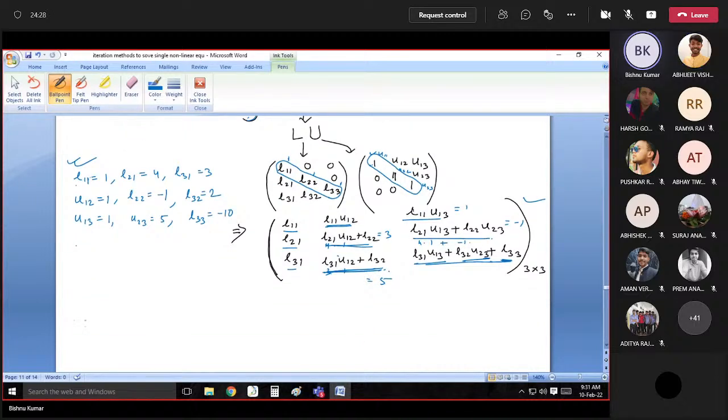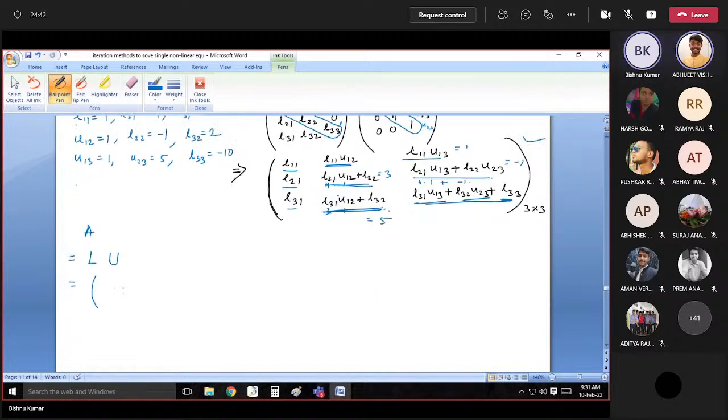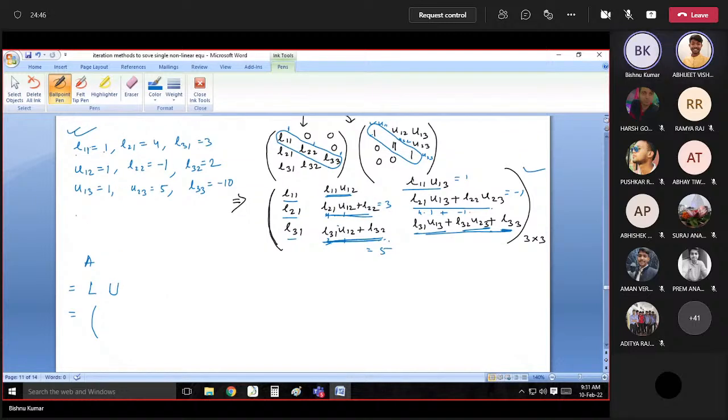What is L? Tell me L. The L matrix, you just write down. A equals basically LU. I am writing the diagonal elements: 1, minus 1, minus 10.